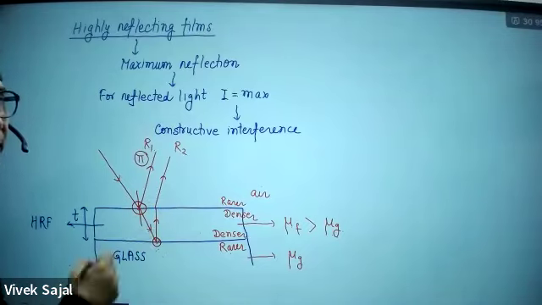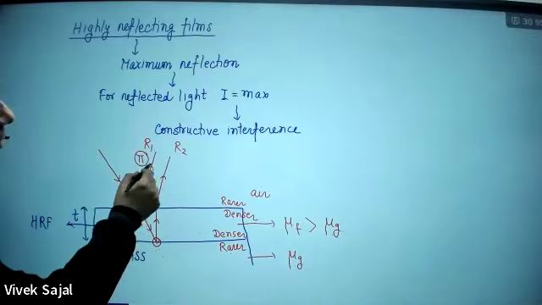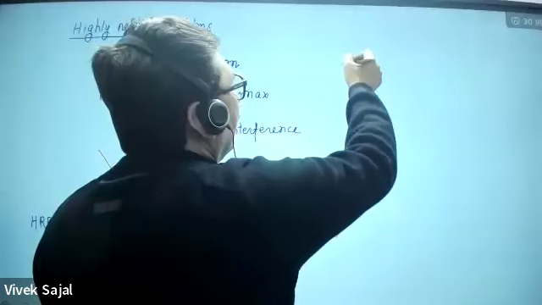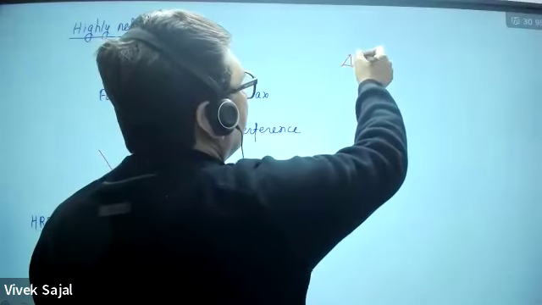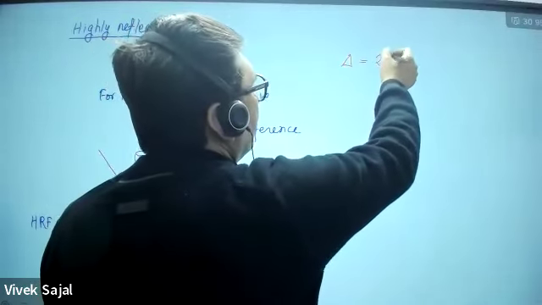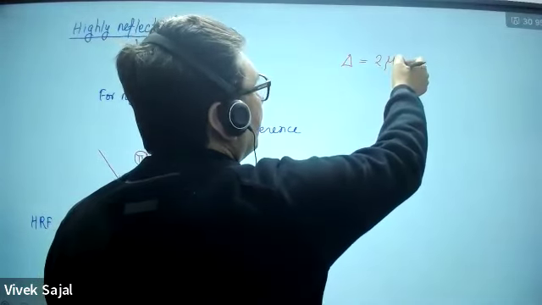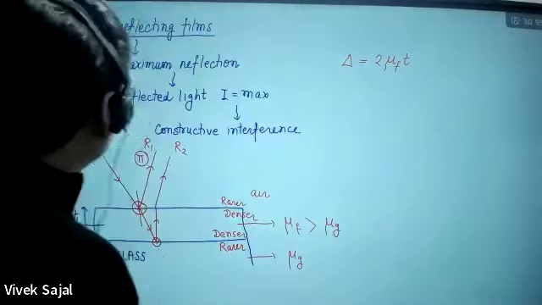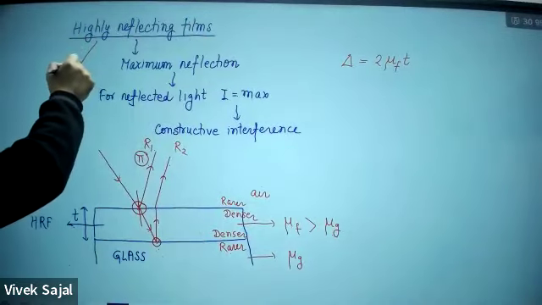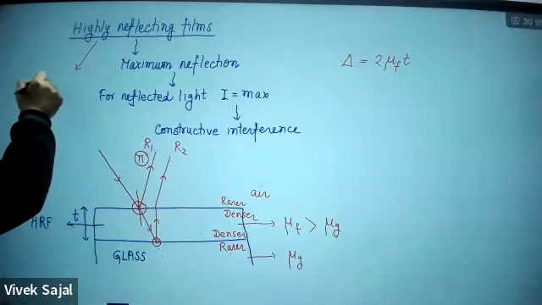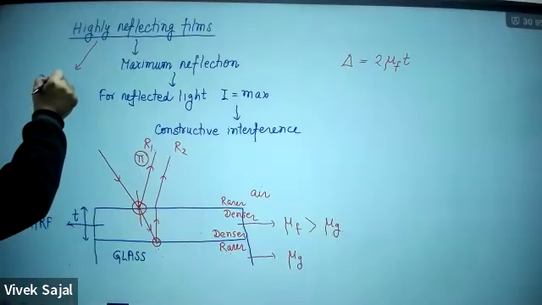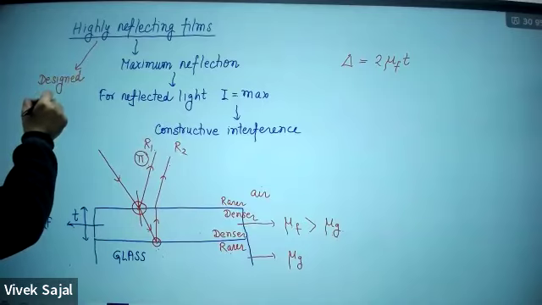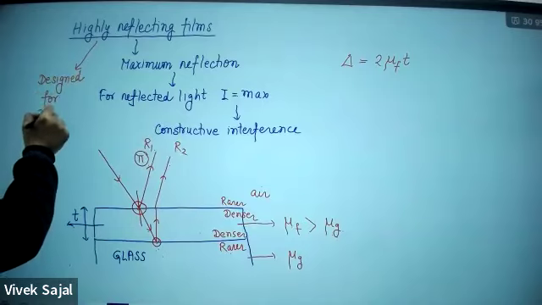So here no extra phase will be there. So what will be the path difference between R1 and R2? Path difference between R1 and R2 will be 2 times mu f t. ठीक है? It is also designed for normal incidence.